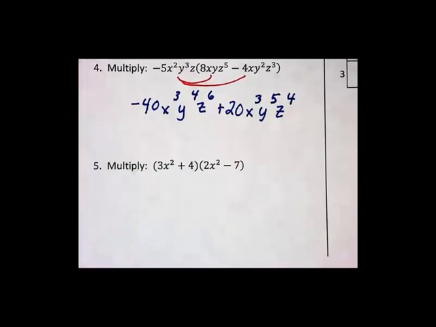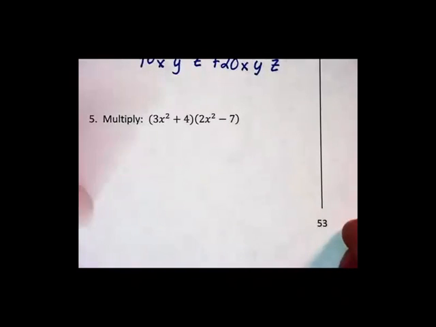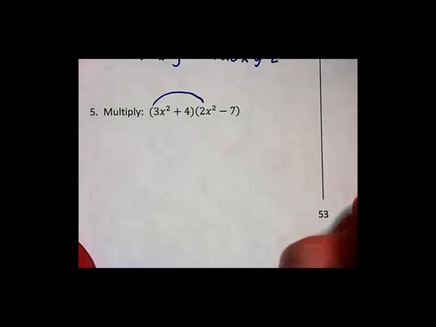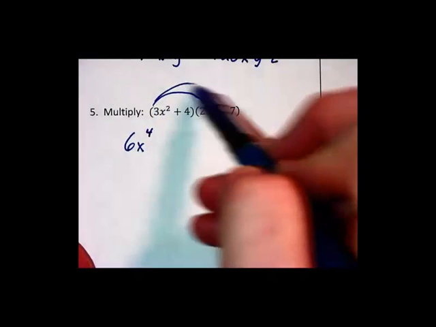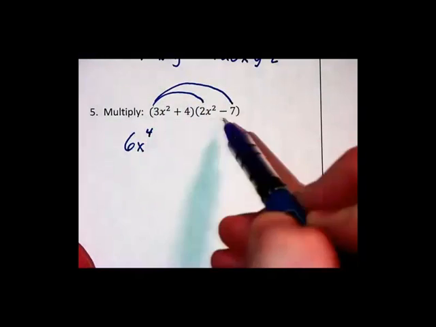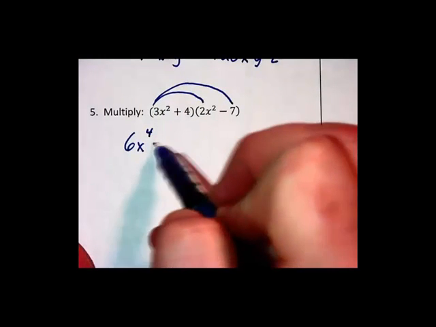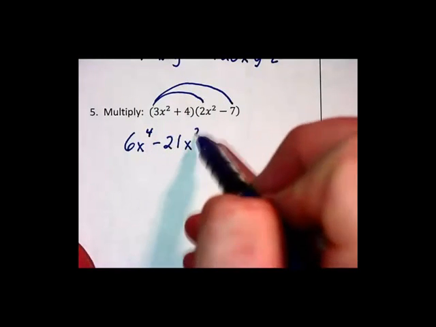Number 5, multiply. We see two things in both parentheses, which tells us that this is a FOIL problem. The first term of FOIL has us multiplying the 3x squared times the 2x squared, and that makes 6x to the 4th. The outer term of FOIL has us multiplying the 3x squared times the negative 7, making negative 21x squared.